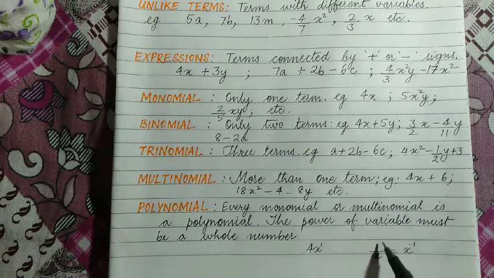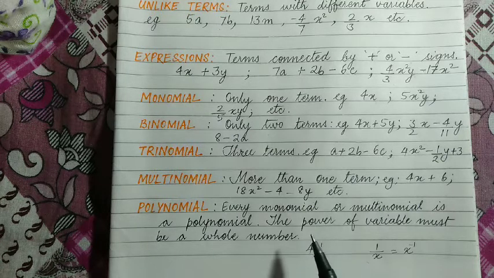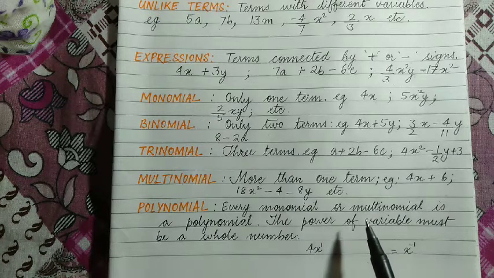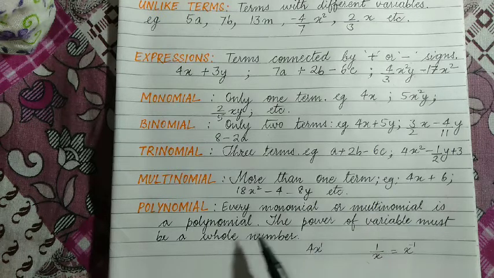That's why 1 by x is not a polynomial. All those terms with the power of the variables being 0 or any positive number will represent a polynomial.